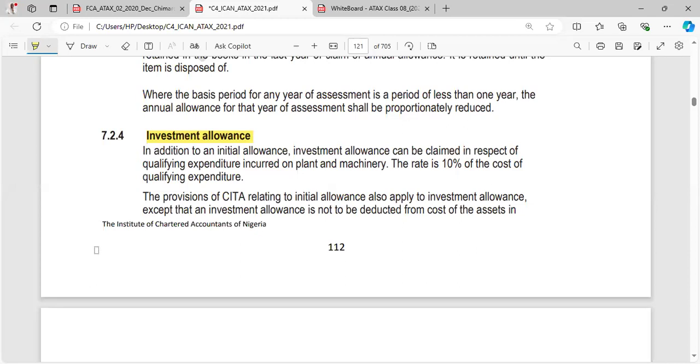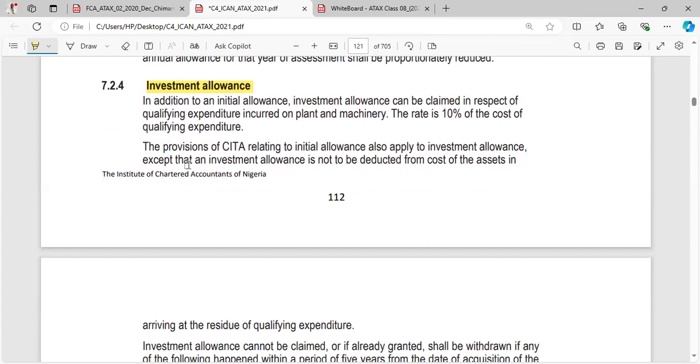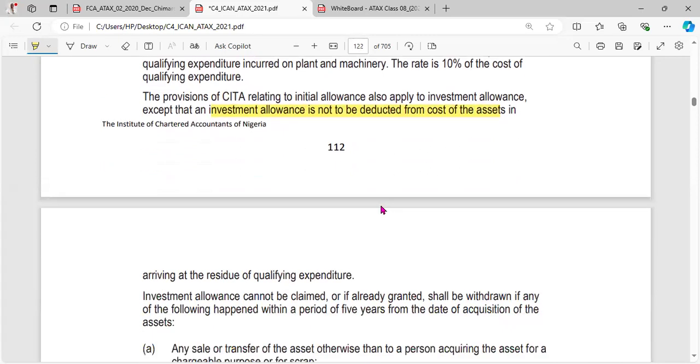Now, one thing that is also glaring from initial allowance and investment allowance is that the investment allowance is not to be deducted from the cost of the assets. So it means that this is an extra allowance given to you and is not deducted from the cost of the asset. When your initial allowance is calculated, it is deducted from the cost of the assets before you get your annual allowance, right?